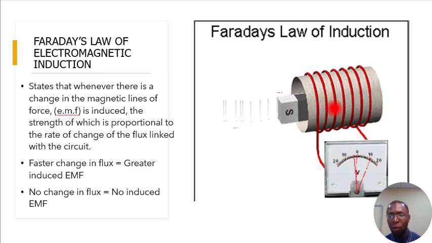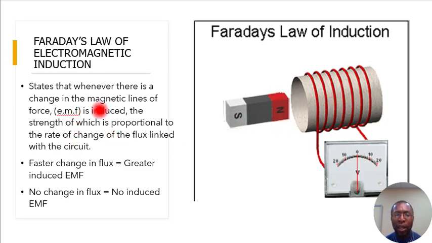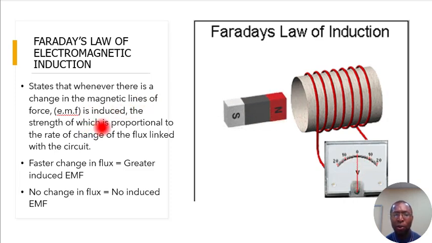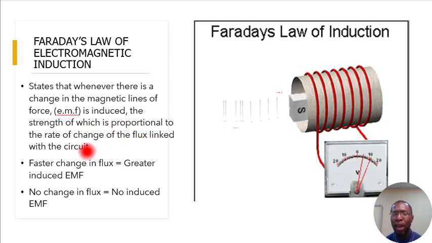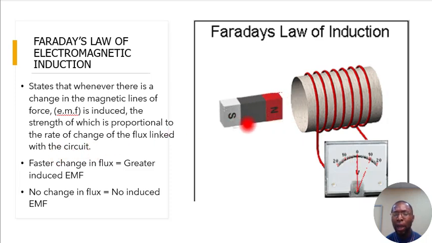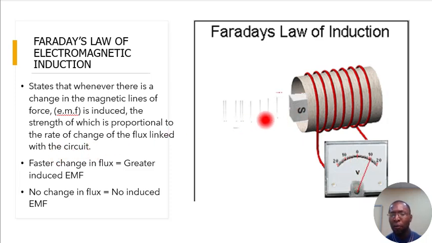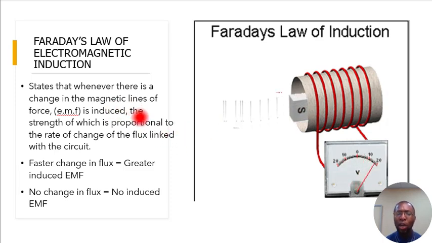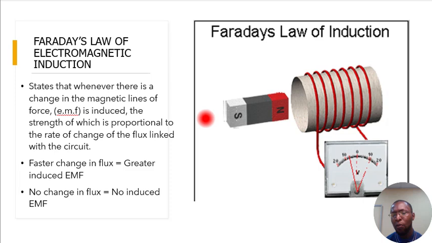Now, in his law, he states that whenever there is a change in the magnetic line of force, the strength of the induced current is proportional to the rate of change of the flux linked with the circuit. Magnetic flux is the magnetic field you are talking about. So the rate of change of the magnetic field is proportional to the induced EMF or current.